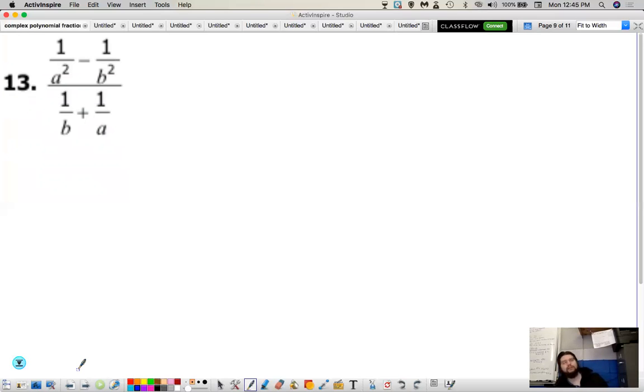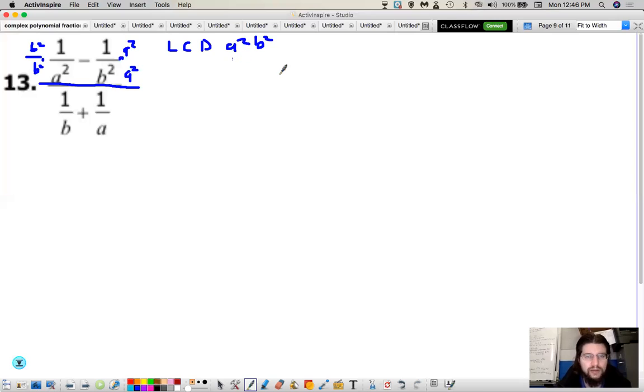So we're going to do a lot of scratch work first. Let's look at this numerator. Common denominator is a squared b squared. What's this one missing? I'm missing a b squared. What's this missing? An a squared.